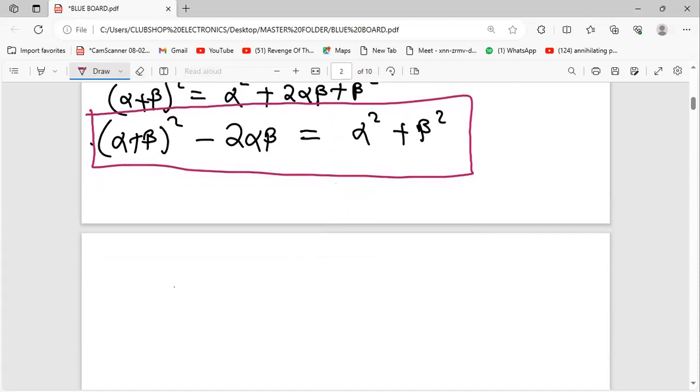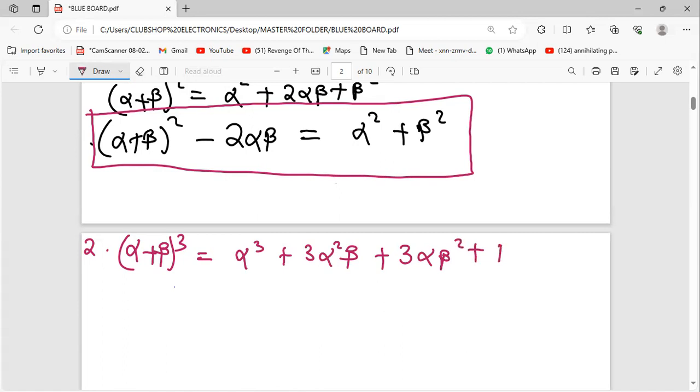Number 2. You need to know that, for example, alpha plus beta cubed, by binomial expansion or Pascal's triangle, you are going to have alpha to the power 3 plus 3 alpha squared beta plus 3 alpha beta squared plus beta cubed.